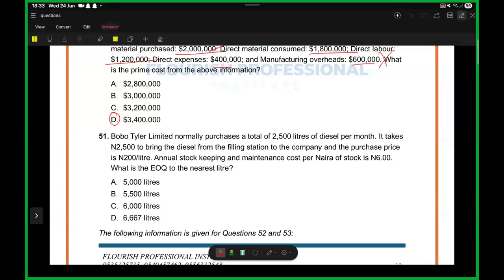It takes 2,500 naira to bring this diesel from the filling station to the company, and the purchase price is 200 naira per liter. Annual stock keeping and maintenance cost per naira of stock is 6 naira. What is the economic order quantity to the nearest liter?